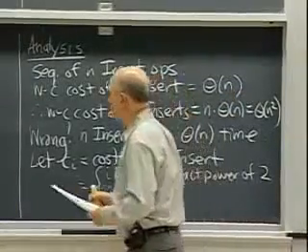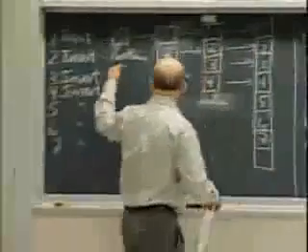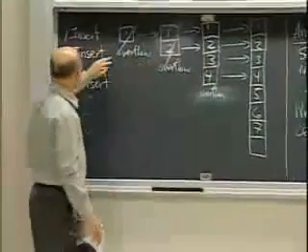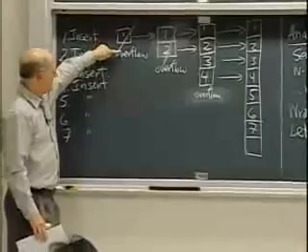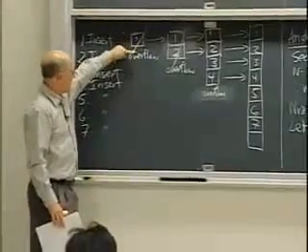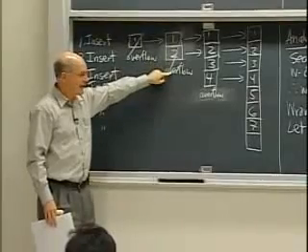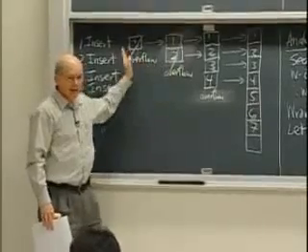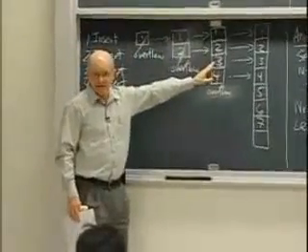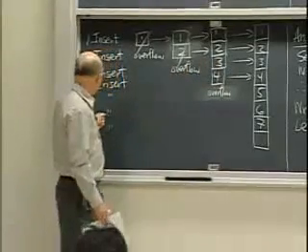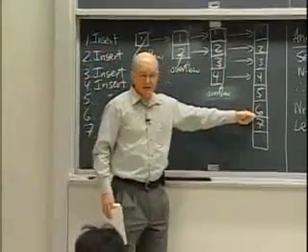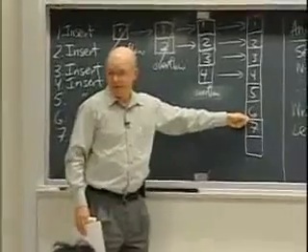So as I was going through here, it was only when I inserted something where the previous one had been the exact power of 2, because that was my table size, that's when I got the overflow and had to do all that copying. And otherwise, the cost, for example, for inserting 6 was just 1. I just inserted it. Okay?